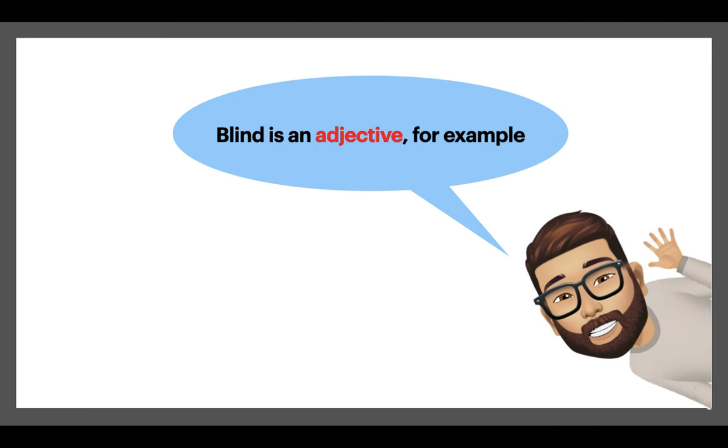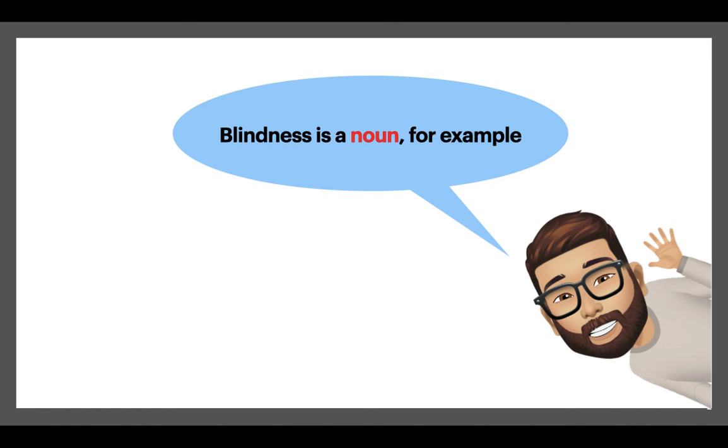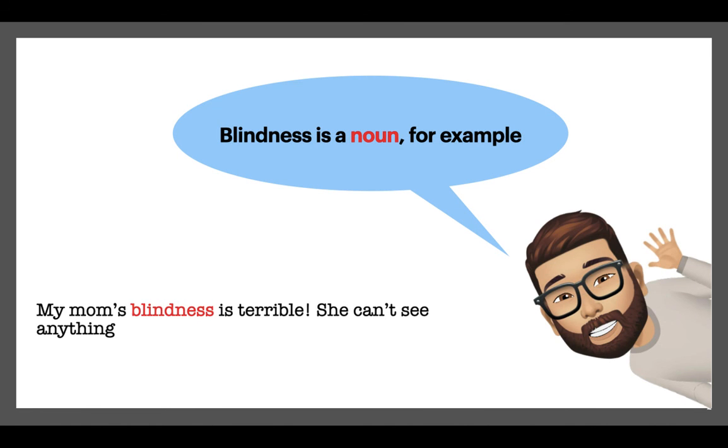Blind is an adjective. For example, my mom is blind. She can't see anything. Blindness is a noun. For example, my mom's blindness is terrible. She can't see anything.